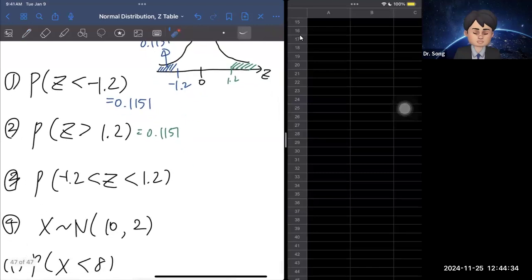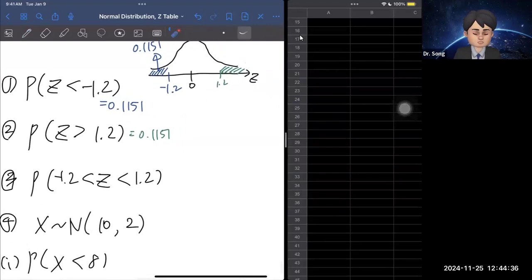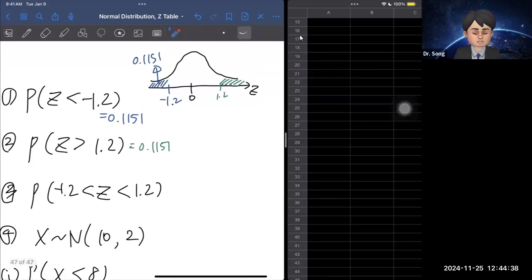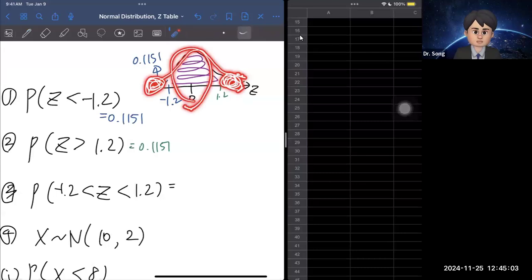Now question number 3 asks you to calculate the probability between negative 1.2 and 1.2, which means this time they want you to calculate this purple shaded area. There are a couple of ways to calculate this one, but the best way is using the complement. The total under the distribution is 100%, or 1. If you subtract this blue one and then this green one, you will get this purple one.